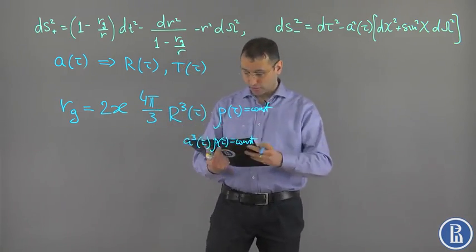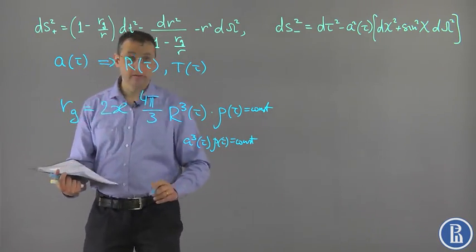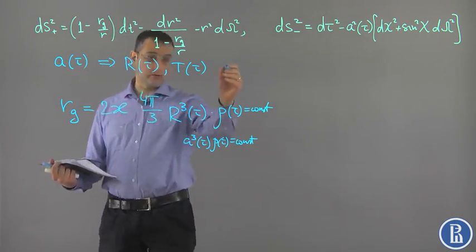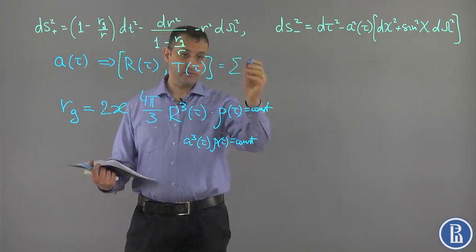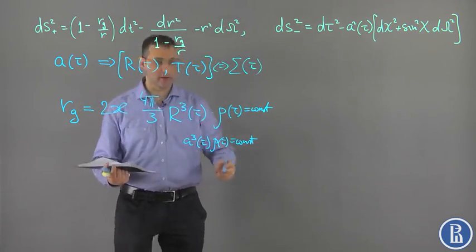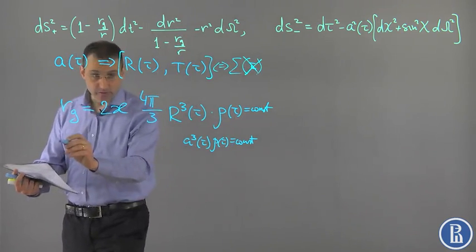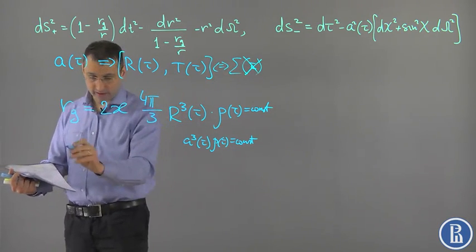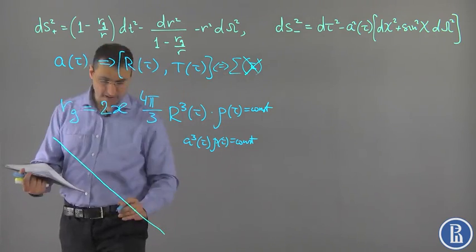So basically, what do we have here? We have the following situation. Outside of the surface of the sigma, we basically have the same situation as in Schwarzschild space-time.